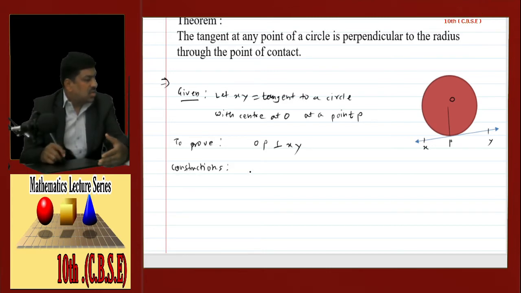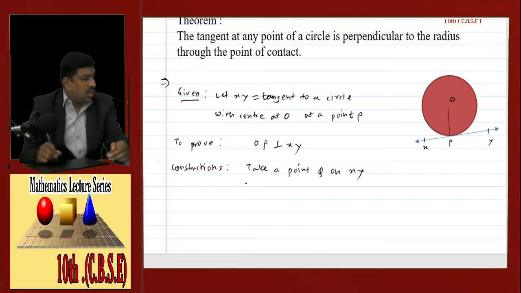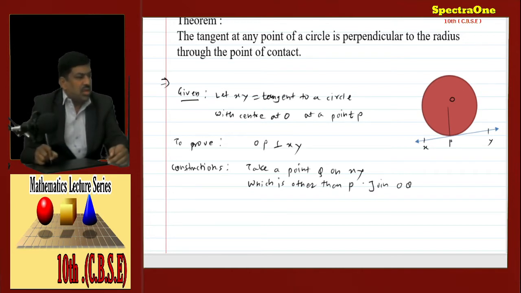So let us take a point Q on XY, other than P, and join OQ.